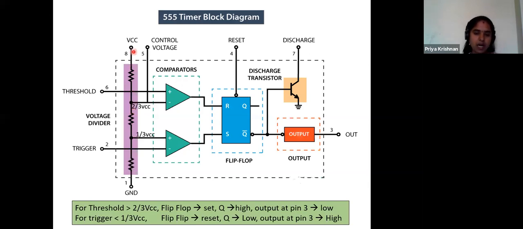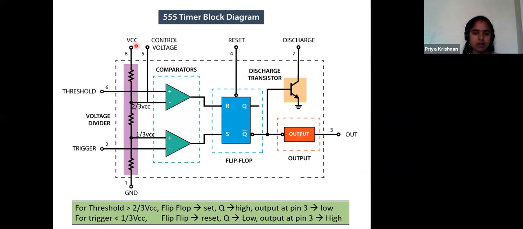So here I apply the VCC. VCC is the supply voltage. So how much supply can I apply here? I can apply from the level of 4.5 to 18 volts max to the timer IC. So my VCC can be 4 volts to 18 volts.